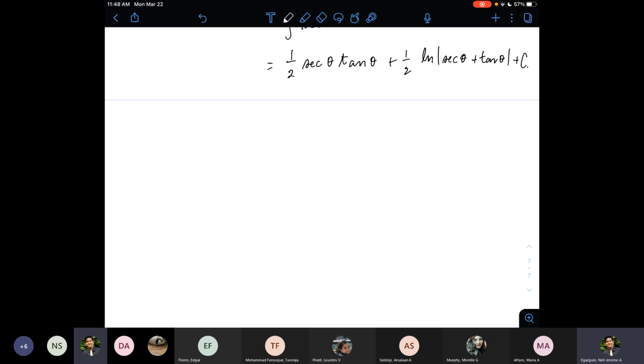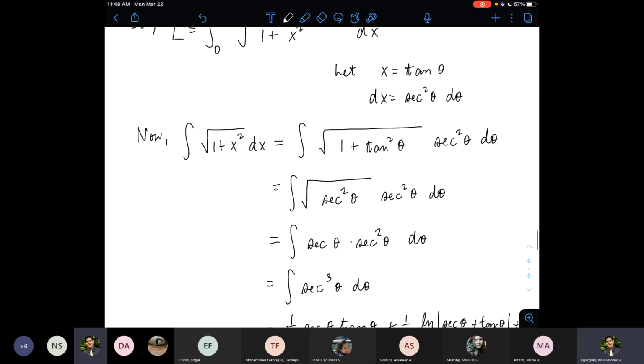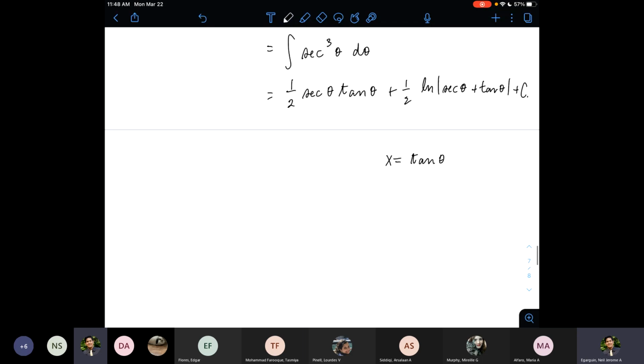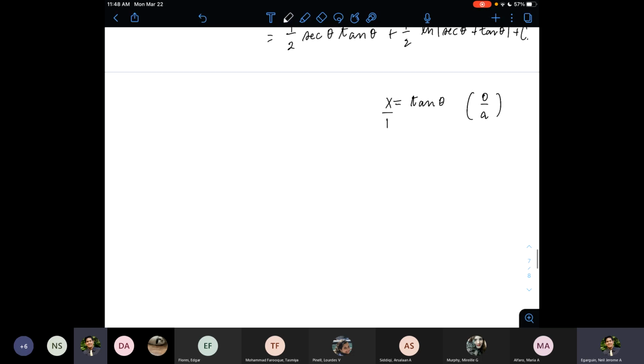Remember, we let x be equal to tangent theta, if I'm not mistaken. That means x can be thought of as x over 1, and tangent from SOHCAHTOA is opposite over adjacent.